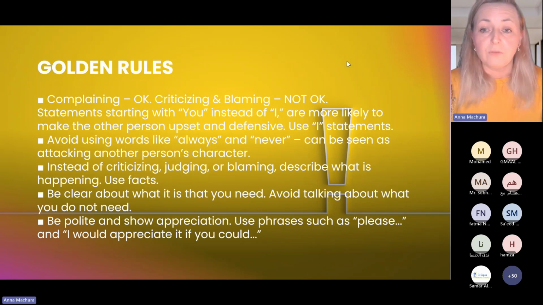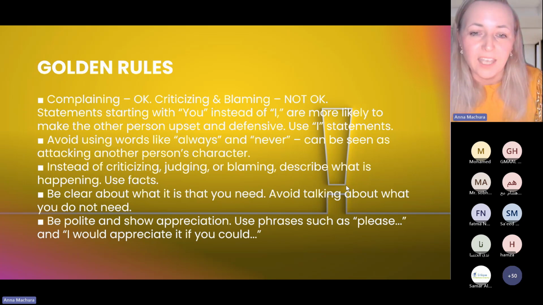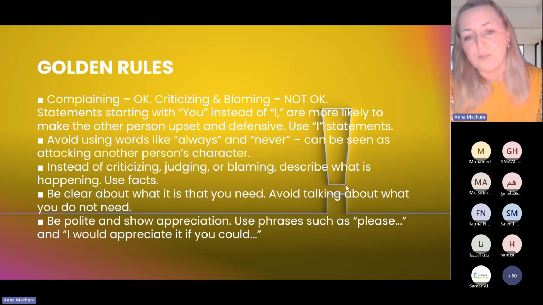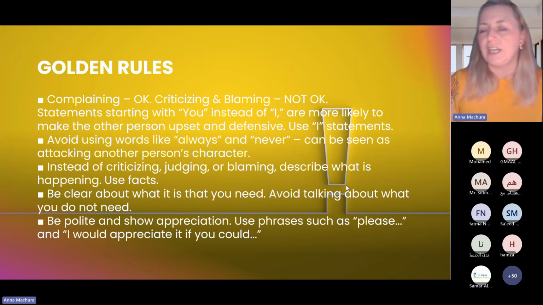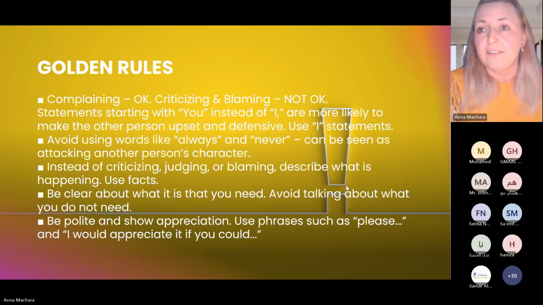So golden rules are, sometimes it's okay to raise a complaint, but criticizing and blaming, that's not okay. Especially be careful with you statements. Start with I. Avoid being aggressive. You don't do that. You, oh my goodness, be careful. So avoid words like always and never.